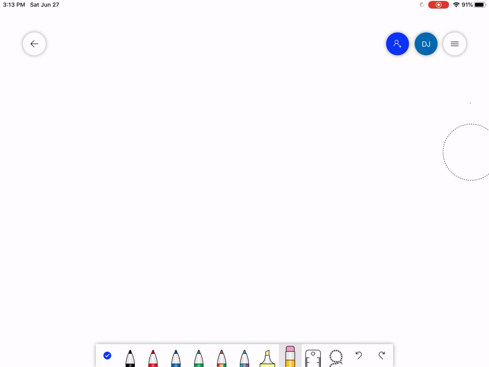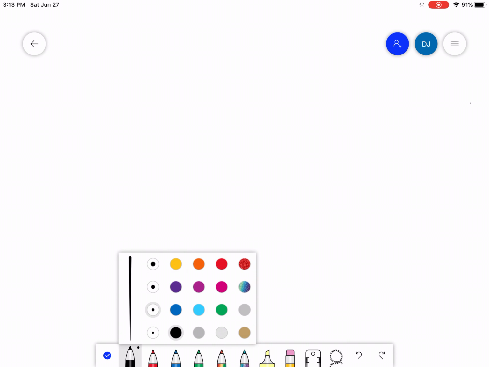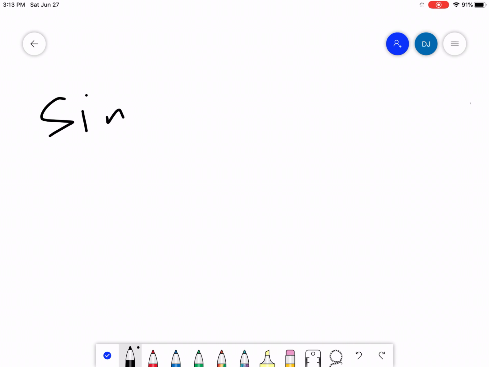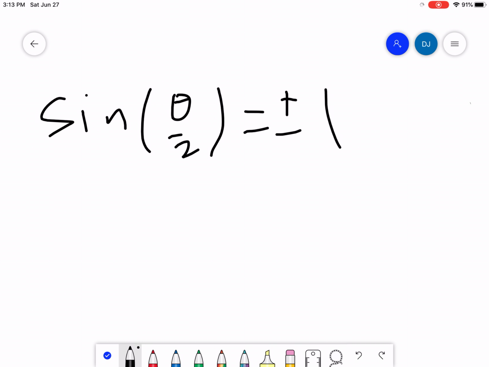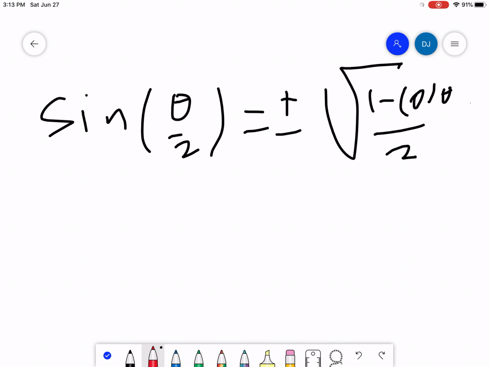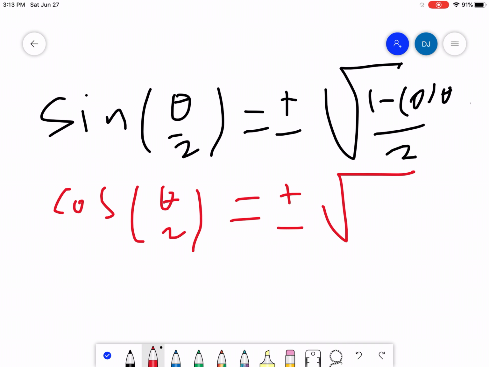A good thing to know is that sine of theta over 2 is the same thing as plus or minus root of 1 minus cosine of theta over 2, and then cosine of theta over 2 is the same thing as plus or minus root of 1 plus cosine of theta over 2.